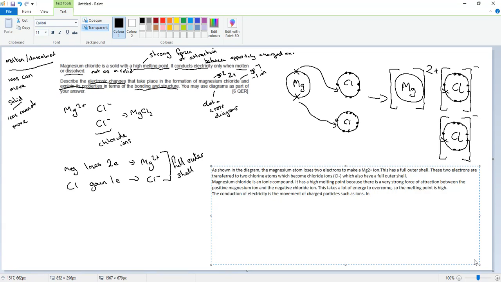So in a molten or dissolved ionic compound like magnesium chloride, the ions are free to move, and so it will conduct electricity.